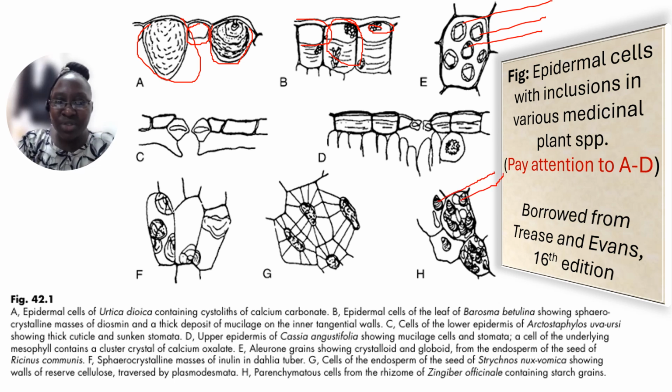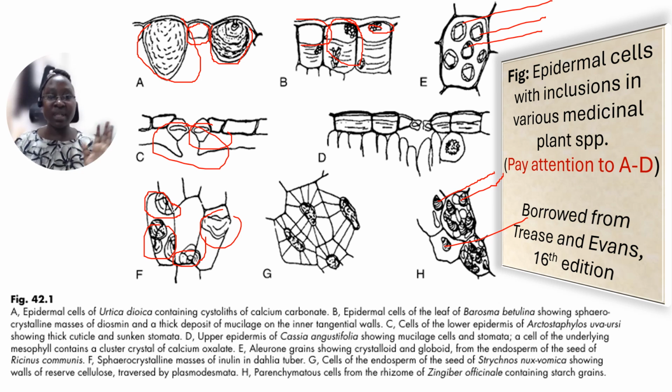Remember we did something about starch grains. And here I said you guys should read about inulin. This is inulin deposited in the epidermal cells of some plants. So that's it. And you see a sunken stomata here. We will see what a sunken stomata means as we go through stomata. So don't stress yourself. Just go read about what you have done today on the epidermis.